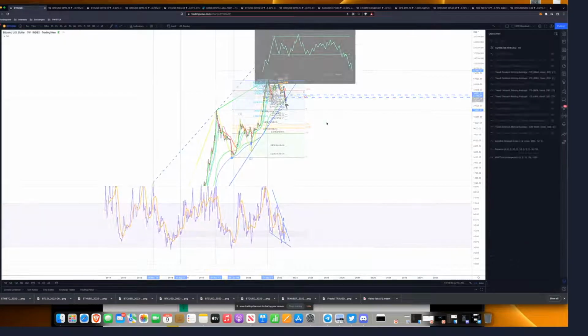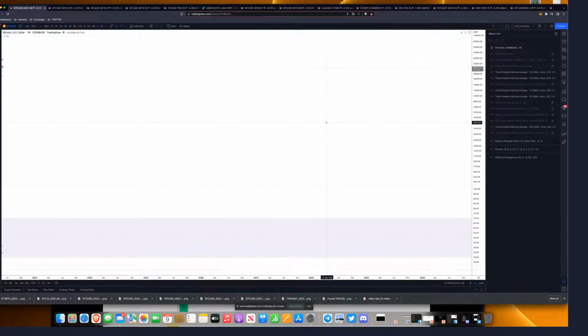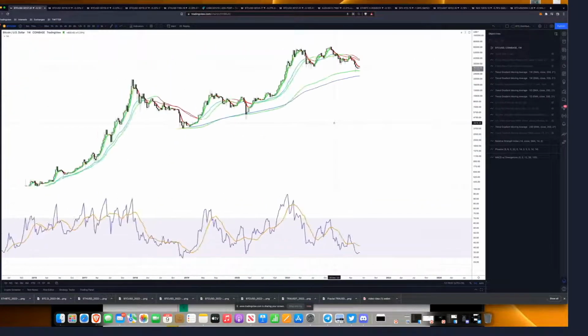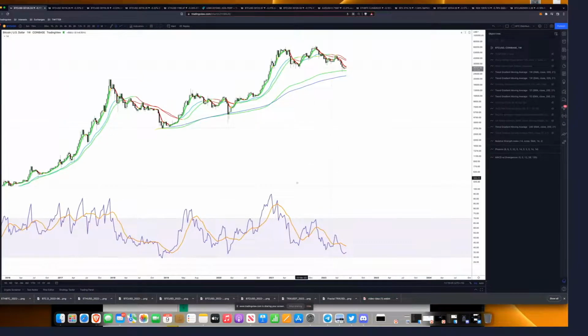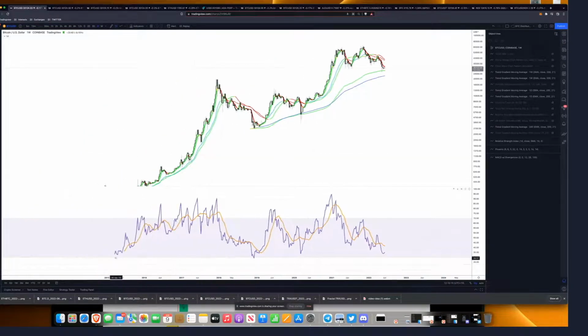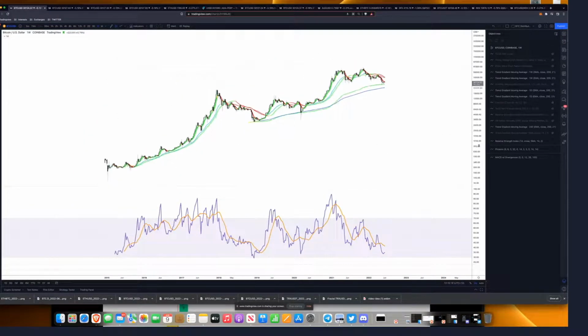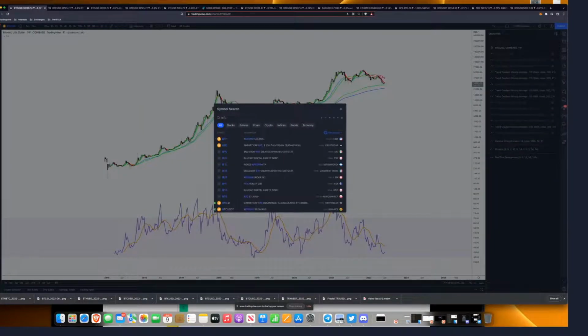And with Bitcoin base, it's a bit cleaner. You can see we're not quite there yet to the bottom of the previous all-time bottom. There is, it doesn't have the history there, unfortunately. I think BTC, one of them will have it.